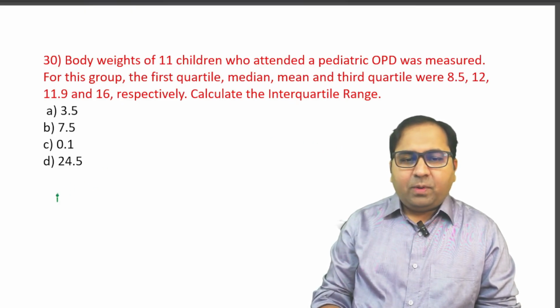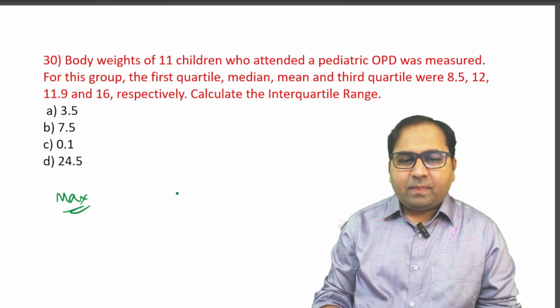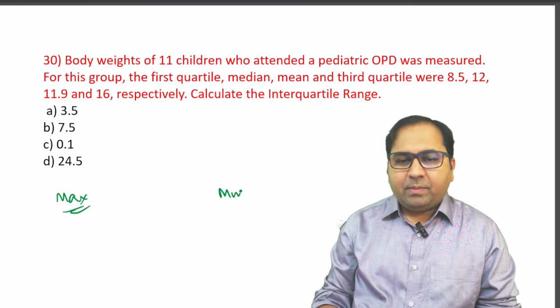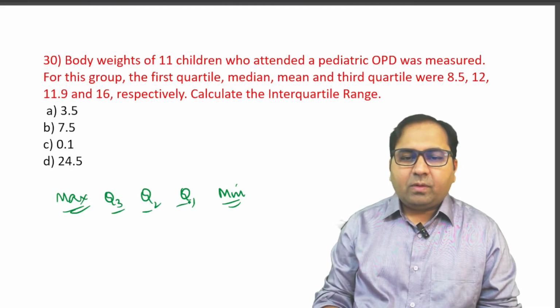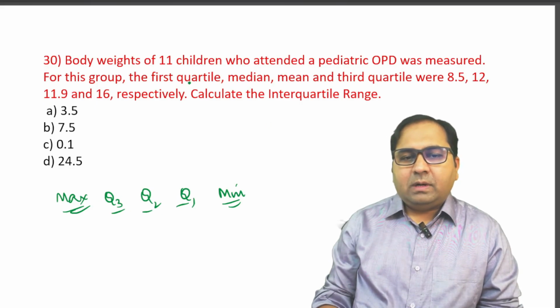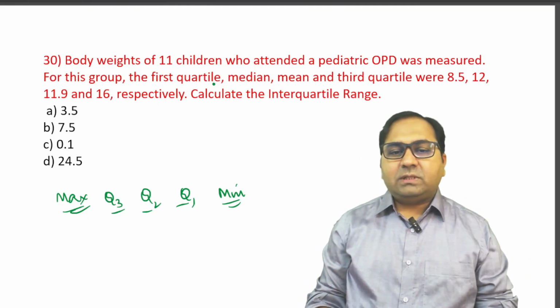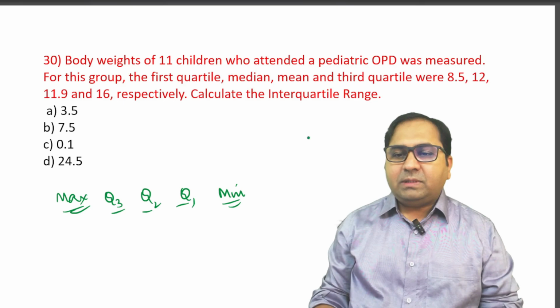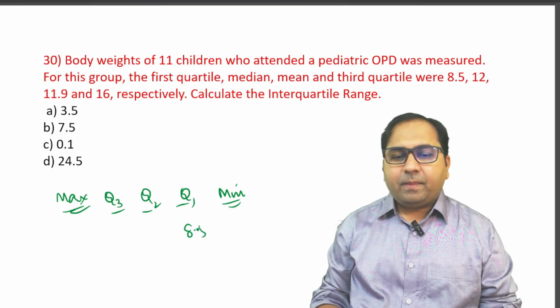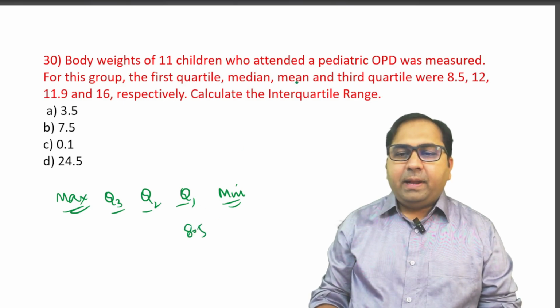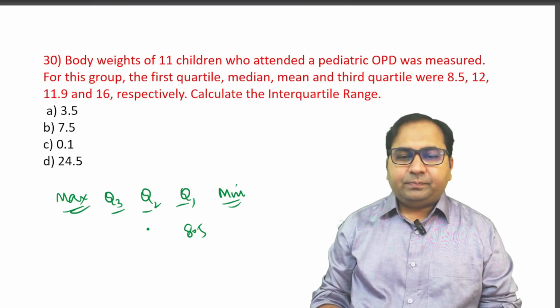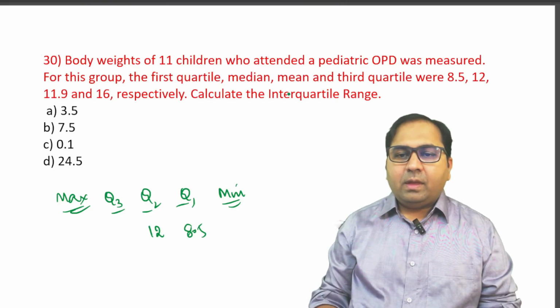See, you put once again maximum and you put minimum. This is Q1, Q2, Q3. Now let us substitute all. From this group, the first quartile is how much? 8.5. Median is 12. Mean and third quartile. What is the third quartile?